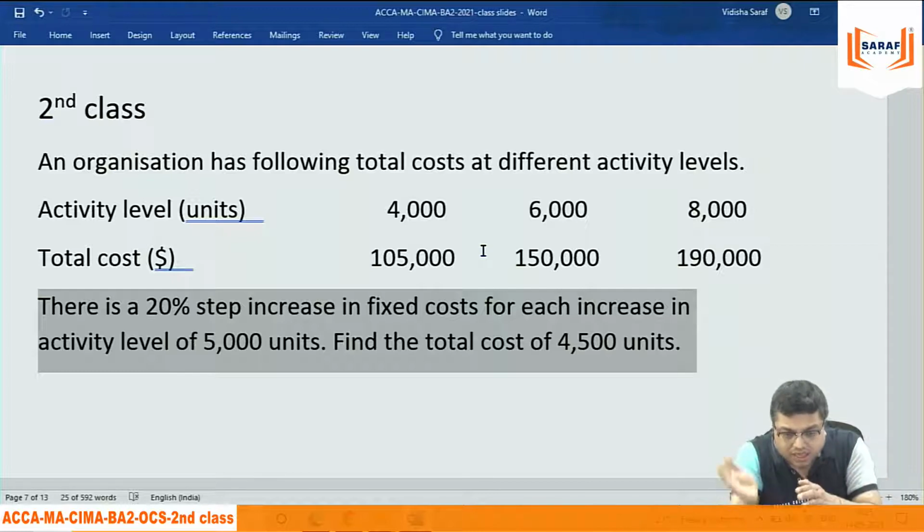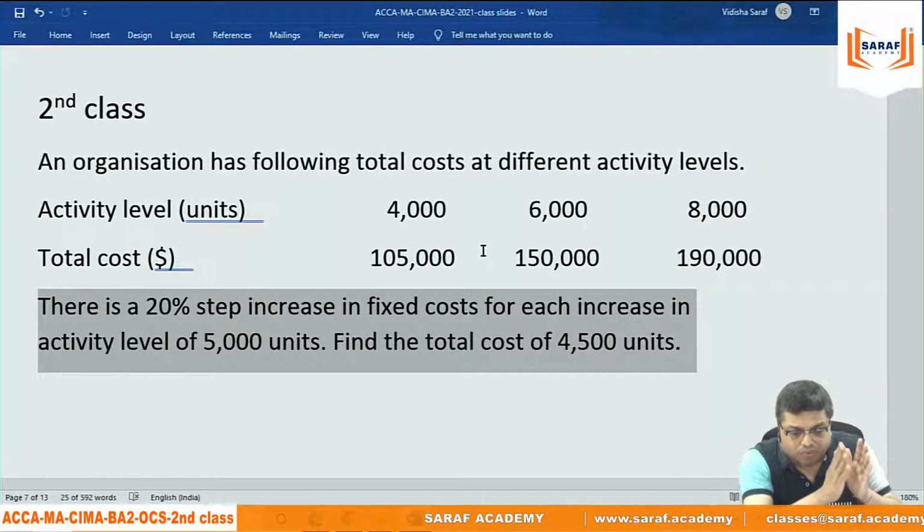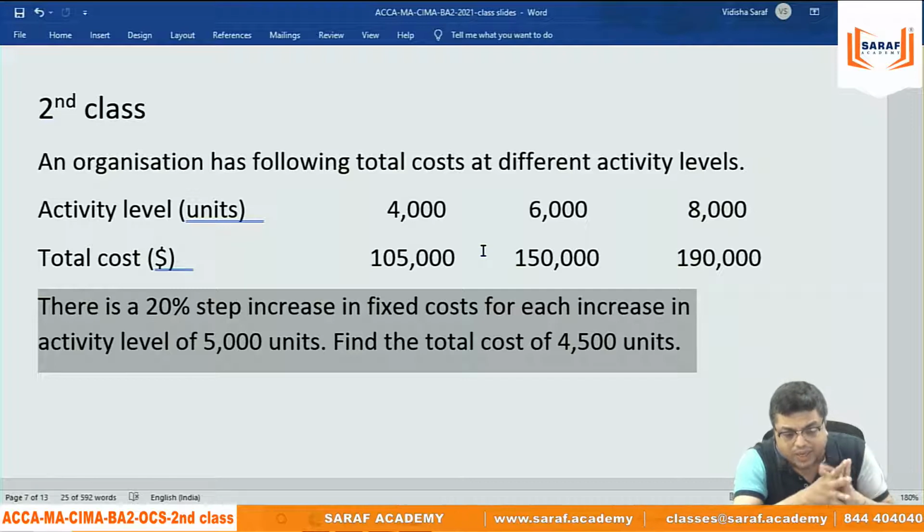So the difference in the cost is because of variable. But why is the variable cost more? Because more activity, more production. 4,000 to 6,000, 2,000 units more. Variable cost is 45,000. So per unit 22.5. So 4,000 into 22.5 is variable cost for 4,000. 6,000 into 22.5 is variable cost for 6,000.